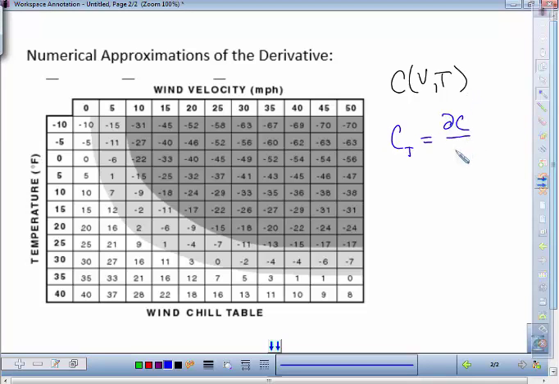That's a good description. But let's expand on it just a little bit more. So it's how the wind chill is changing with respect to the temperature. So let's carry that on a little bit more. Let's use more words with wind chill and temperature and wind speed. Rate of change of wind chill.